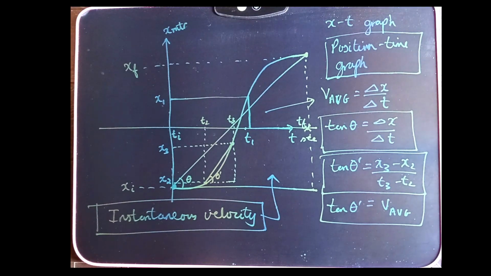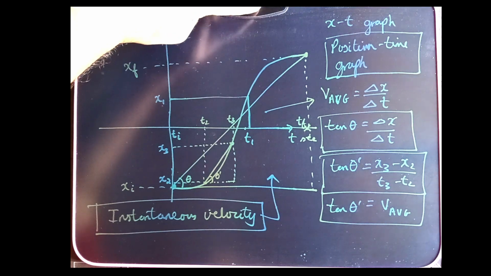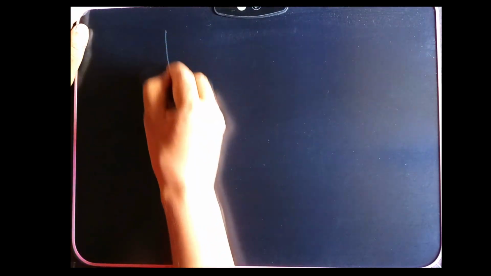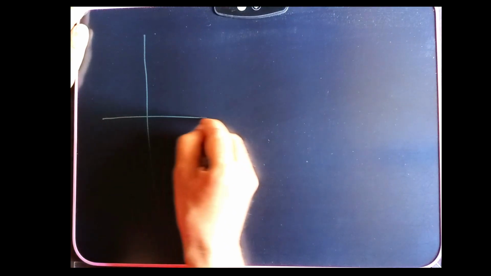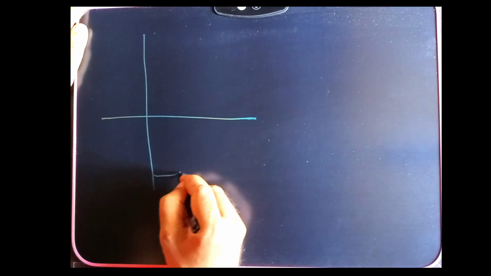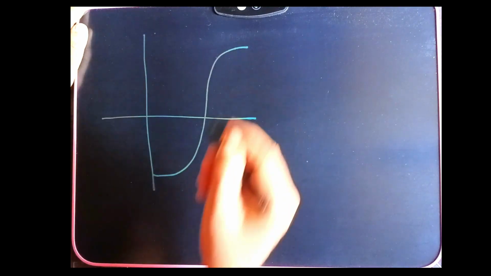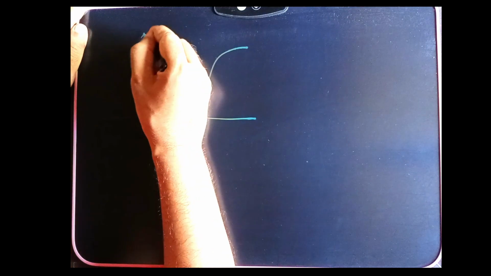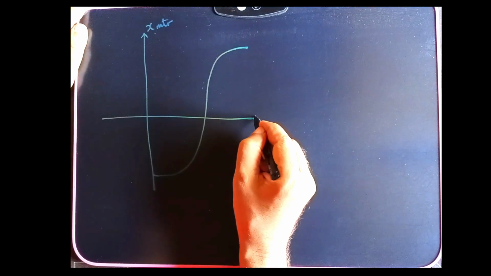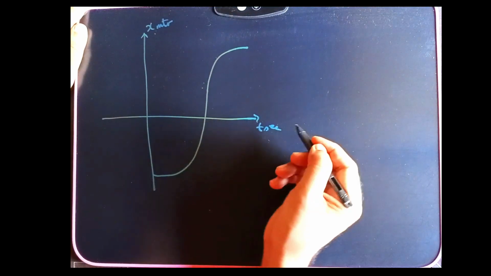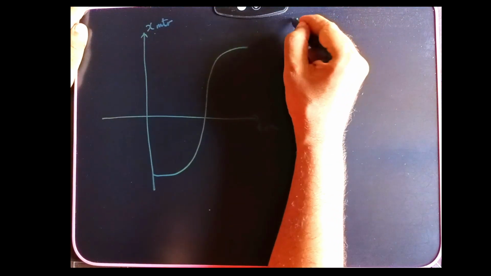Let me take it on the new slate. I'll clear this. Let me draw the graph again. This was the graph which we have seen, right? This is the x in meters and this is time in seconds. So now we're talking about instantaneous velocity.